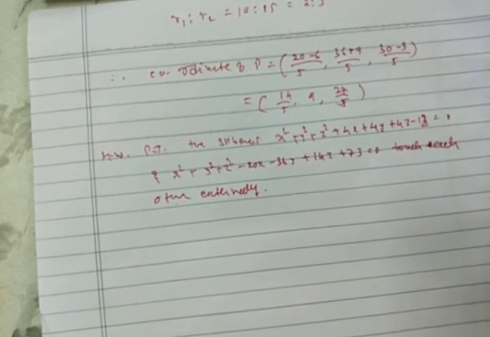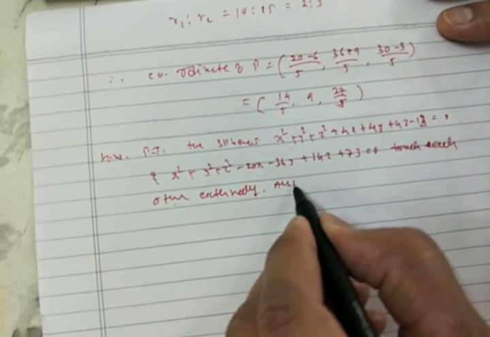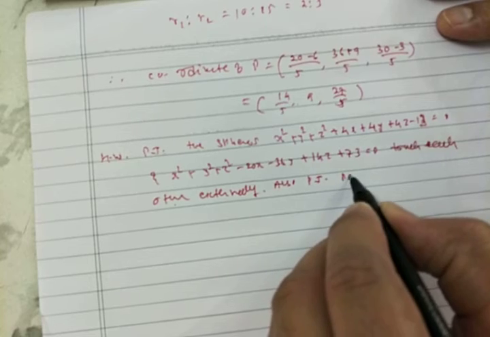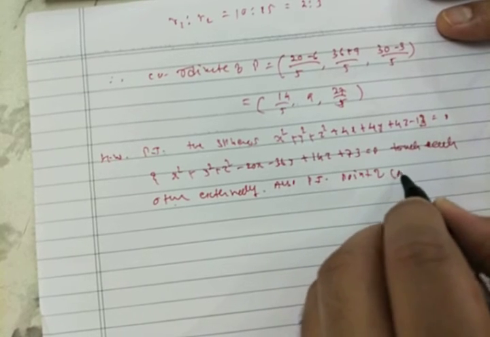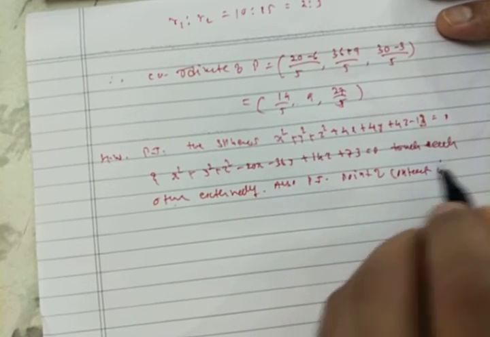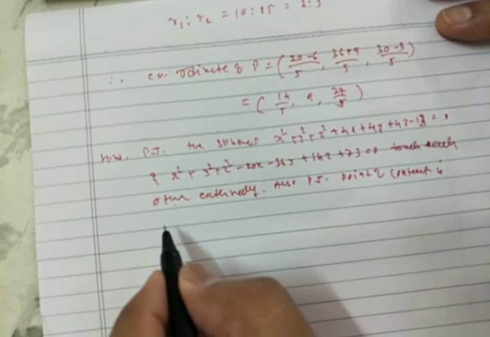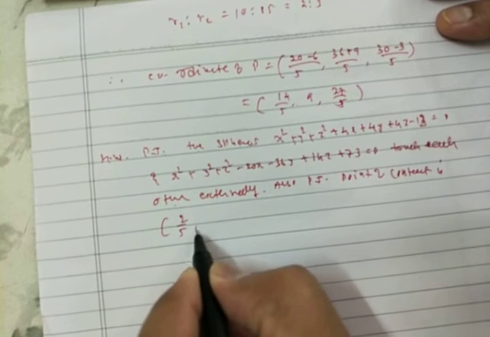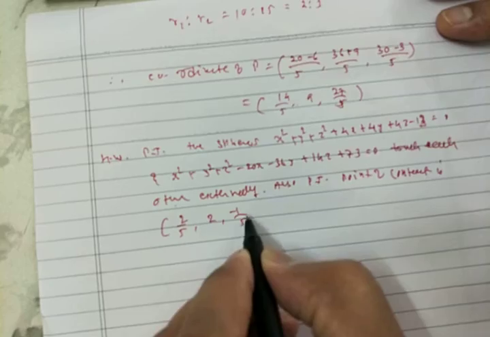And also prove that point of contact is 2 by 5, 2, minus 1 by 5.